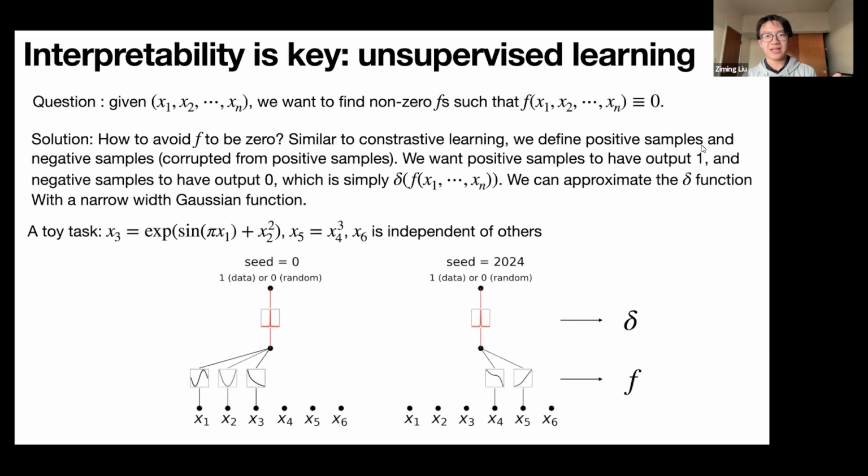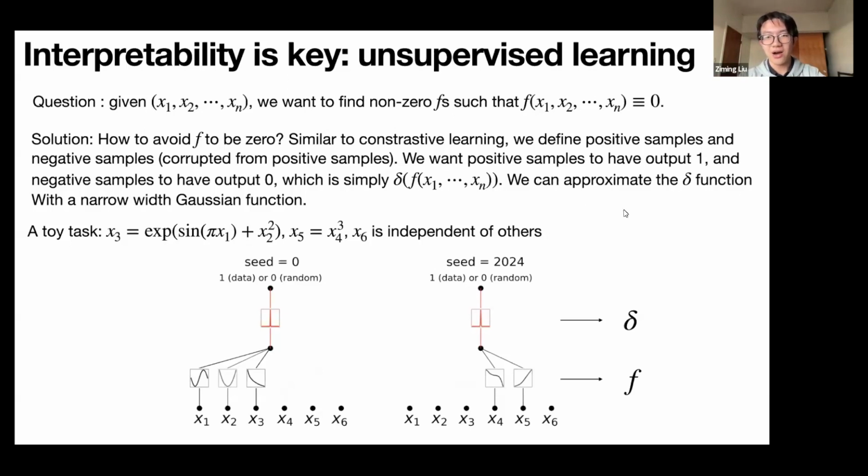So in that case, we simply want to understand the correlation or the interrelated relations of these variables. We want to find an f such that f maps all these variables to 0, but f itself should not be a 0 function. Otherwise, it's a little bit trivial.